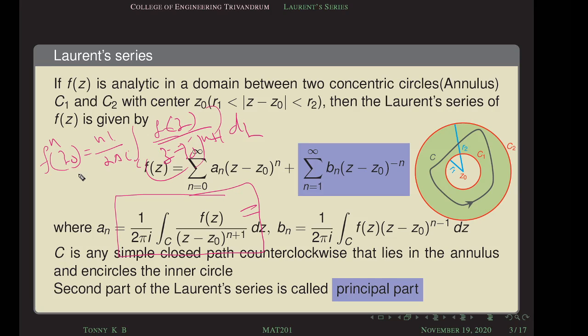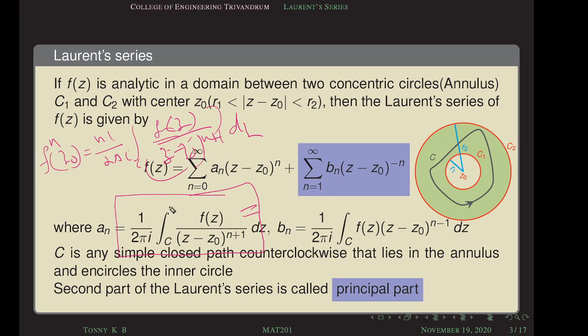Then my question, what is an in terms of fn of z? 1 by 2 pi I n factorial integral. Okay sir, correct sir. f n of z naught, 1 by 2 pi I. Okay. What is an?